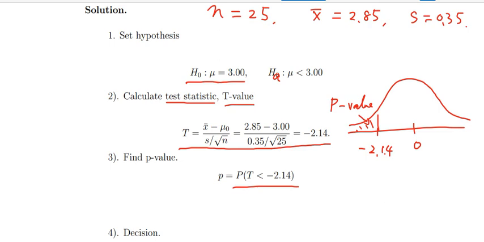This is the t-distribution with degrees of freedom n minus 1, which is 24. So we want to find this probability: degrees of freedom equal 24, cut point is negative 2.14.